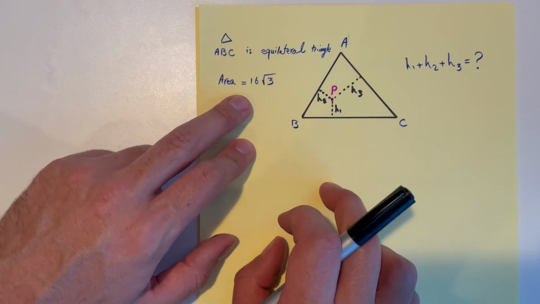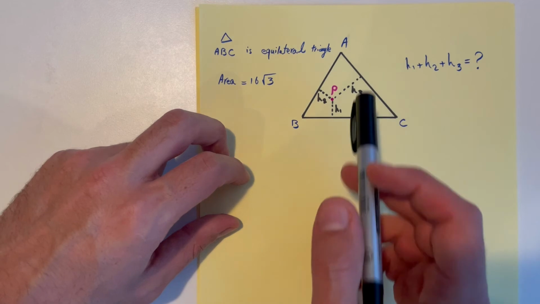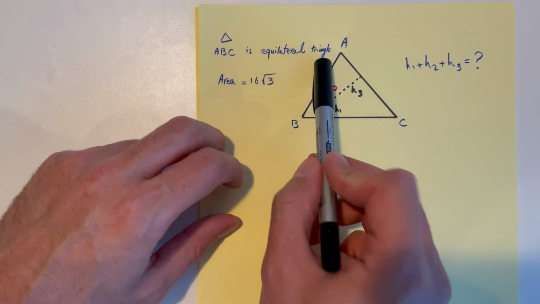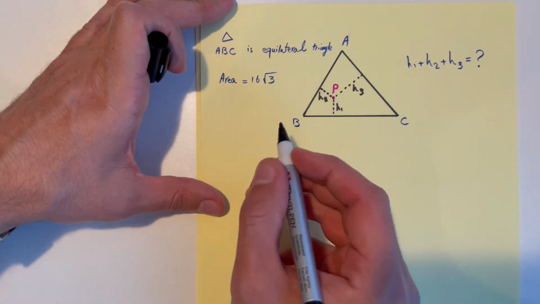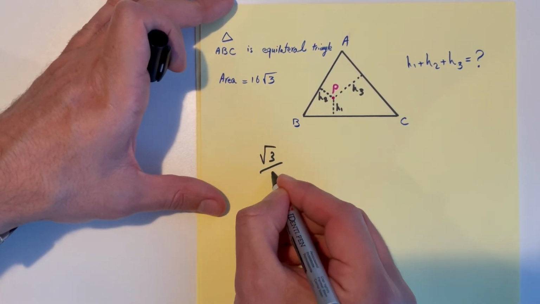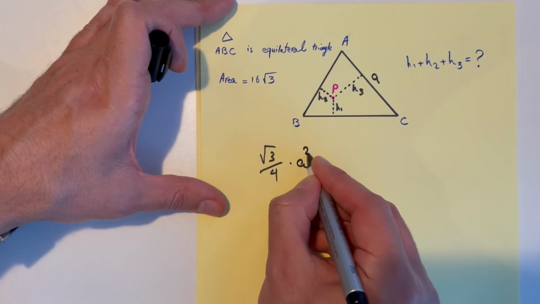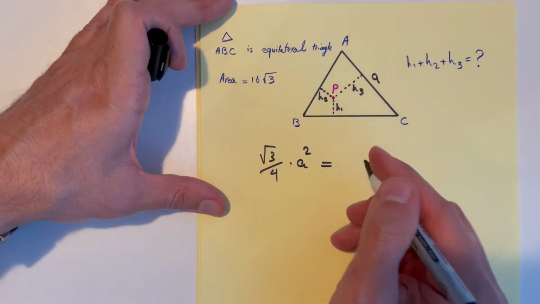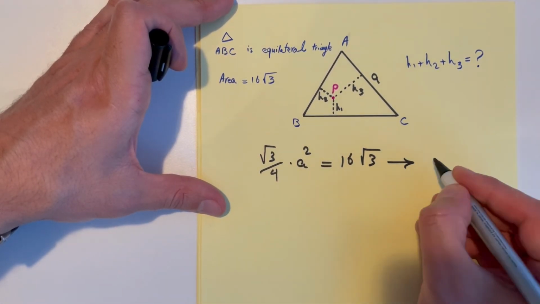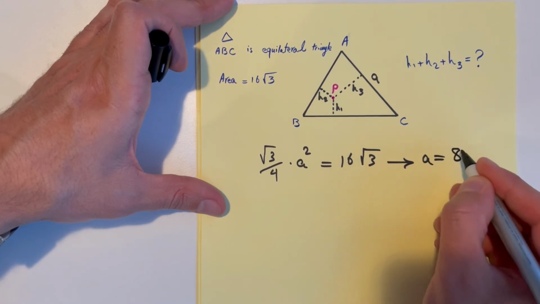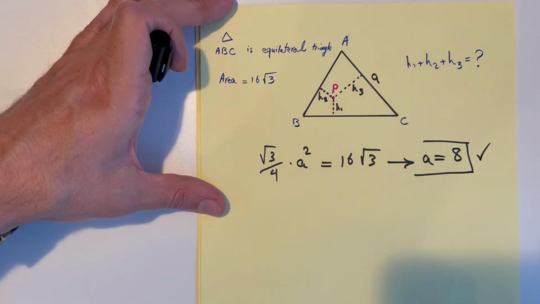Here, first, I know that the area of triangle ABC is 16 radical 3, and I also know that this triangle is equilateral, and the area of an equilateral triangle is radical 3 over 4 times the side squared, which should now be equal to 16 radical 3. If you solve this, you will see that a is equal to 8, right?